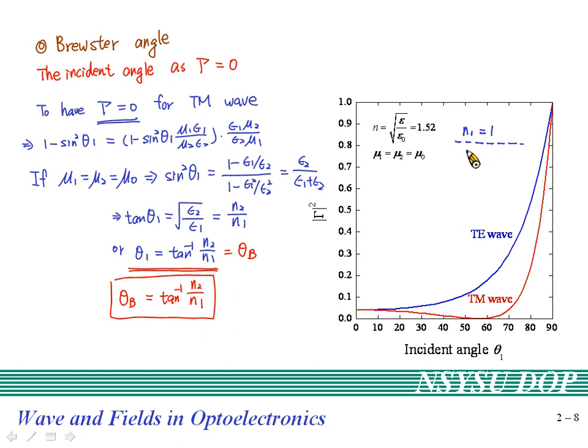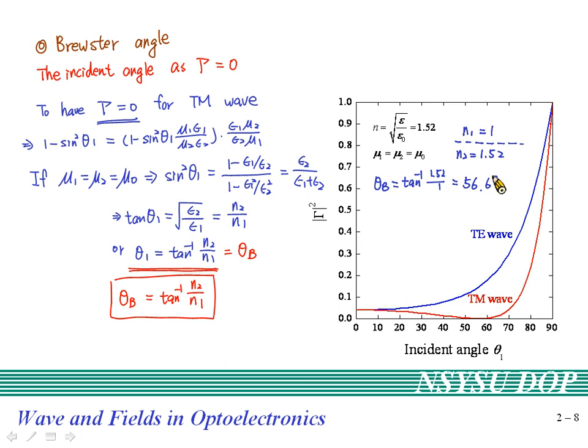Below here, N2 is 1.52. From the material indices N2 and N1, we can find the corresponding Brewster angle for TM wave, which is arctangent of 1.52 over 1, and we can have it is about 56.6 degrees.